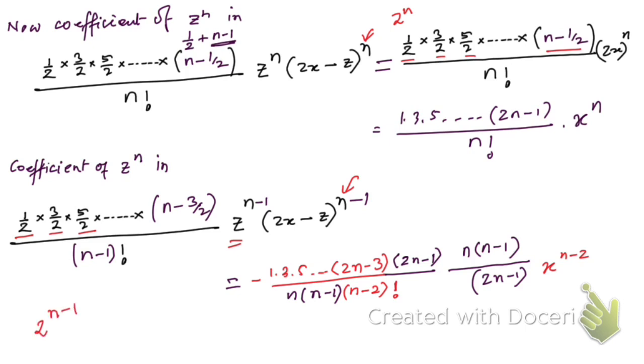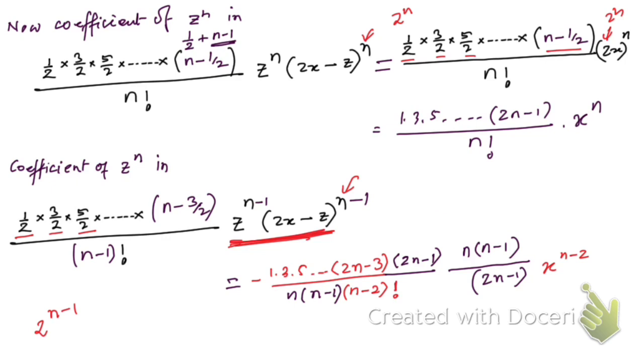Now one more thing: we are getting this z to the power n from the product of these two, from the second term. As we had got 2 to the power n here, from the second term we should get 2 to the power n minus 2, not n minus 1, right?